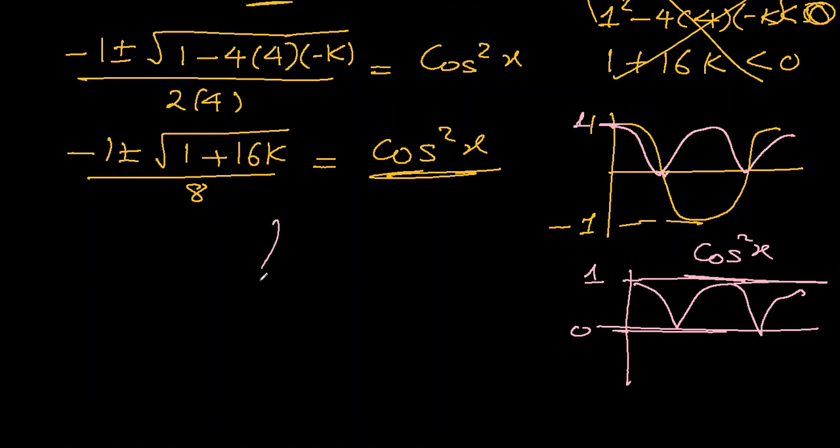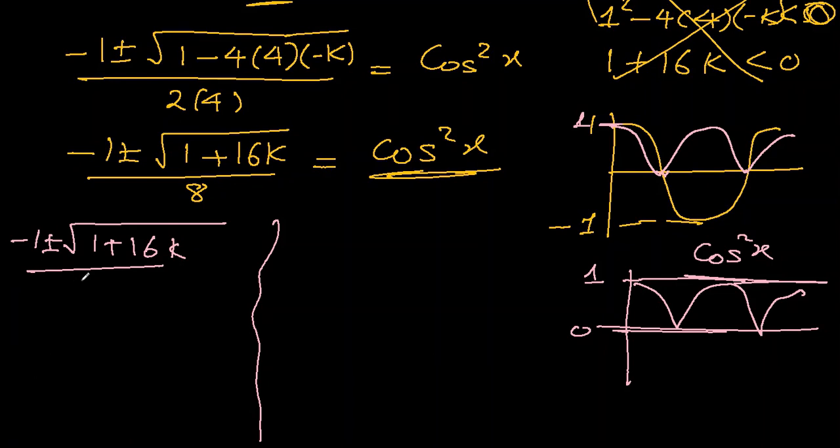It means there are two situations. First situation is minus 1 plus minus square root of 1 plus 16k over 8 will not have any solution for less than 0. Can you see? Less than 0. That is one condition.